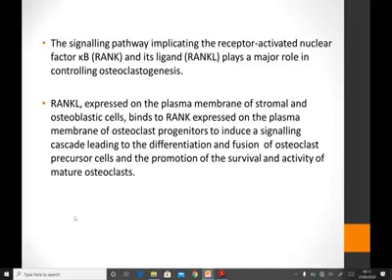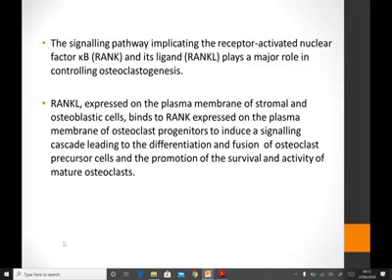So the interaction between these two molecules plays a very important role in the formation of an osteoclast, and that process is called osteoclastogenesis. So basically this RANK is expressed on the plasma membrane of both the osteoblasts and stromal cells of the connective tissue.